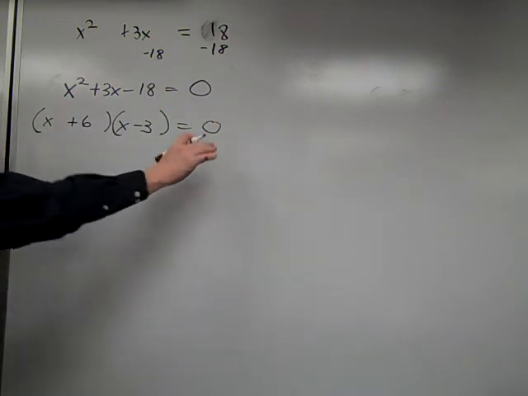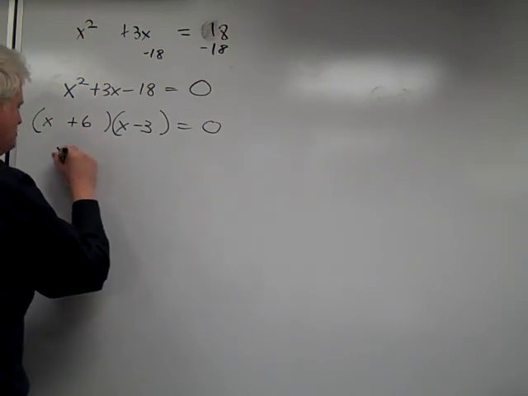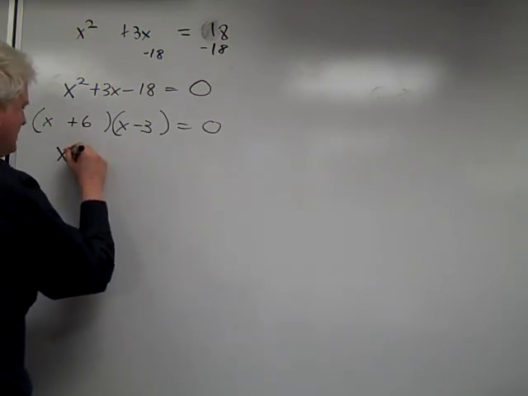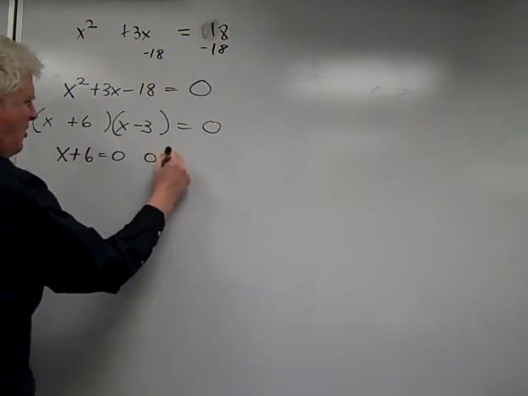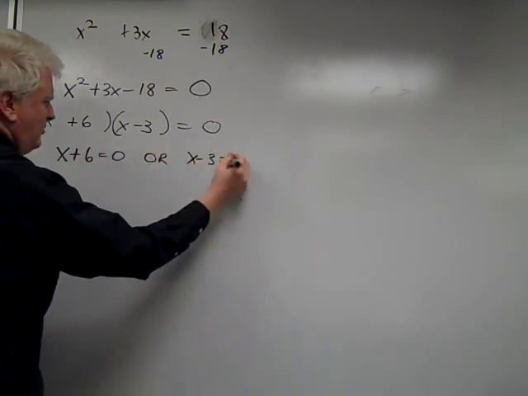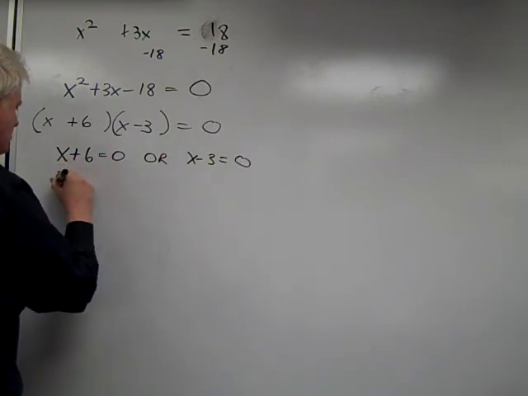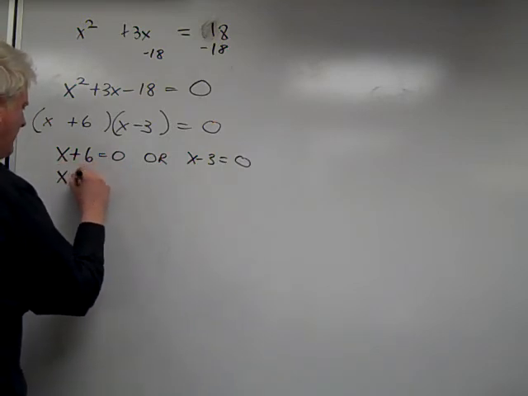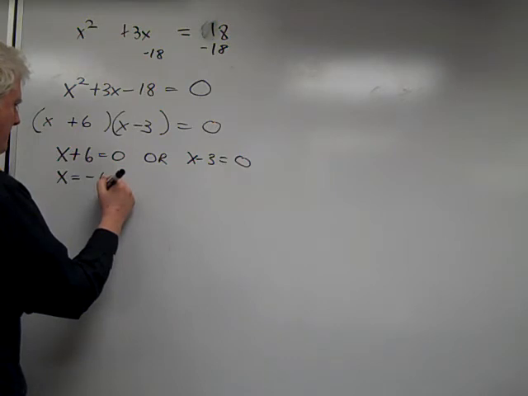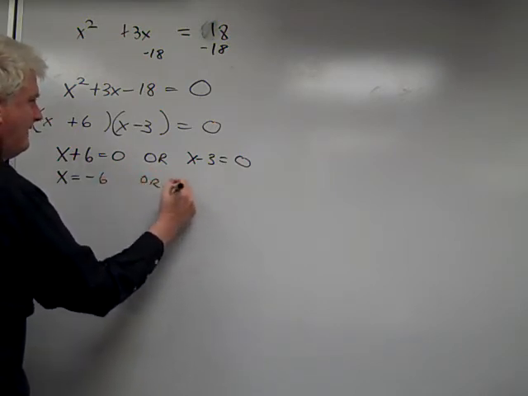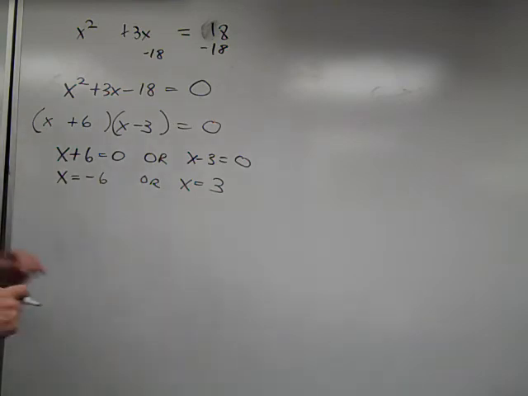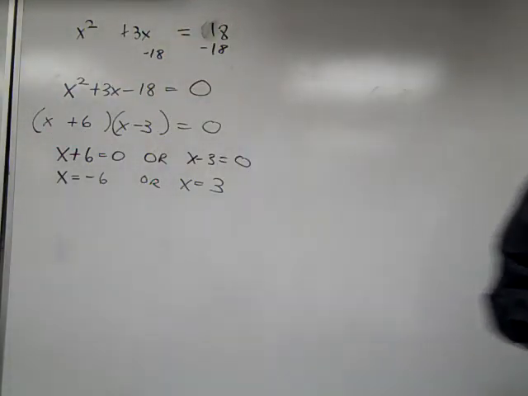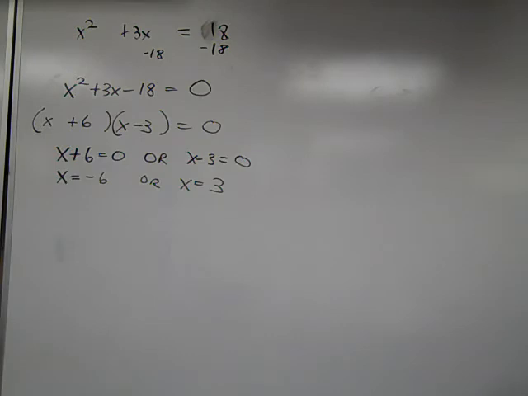And now that we've got this set up, we know that our solutions, potential solutions, occur when x plus 6 equals 0 or when x minus 3 equals 0. And this occurs when x equals negative 6 or x equals positive 3. Now, ordinarily, that would be the end of the story.